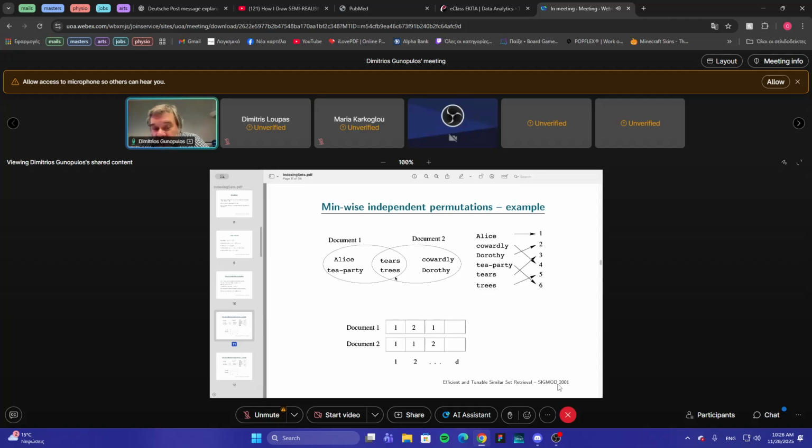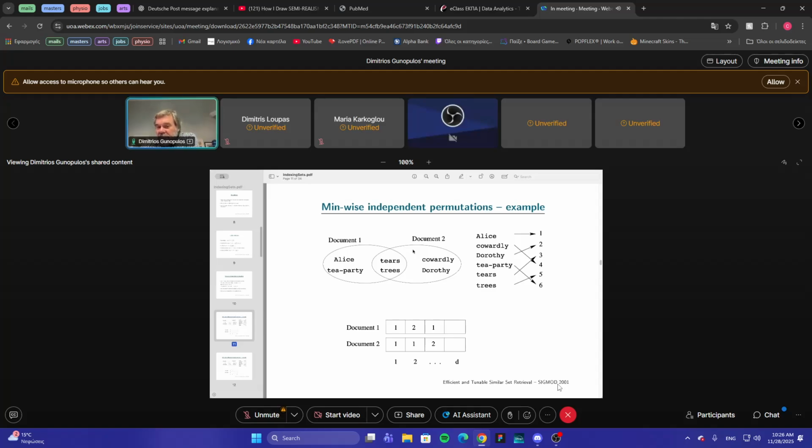Each one is 1 out of 6. So a word here has 2 out of 6, or 1 out of 3, chances to be the first. If one of these is the first, then they will get the same number here. If one of these is the first, they will get a different number here. So in other words, for each one of these, the probability that they are the same is exactly equal to the Jacquard coefficient of document 1 and document 2.